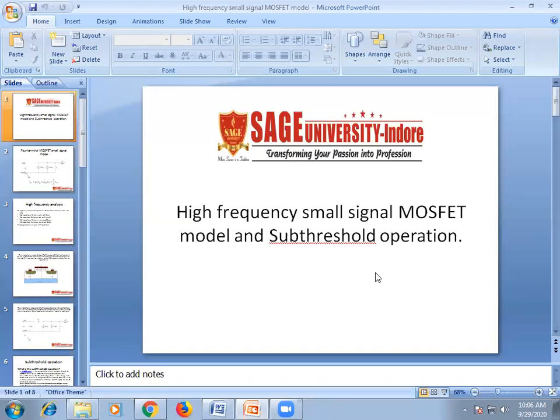Now in the saturation region, since we had not studied sub-threshold devices, we saw that the current was nearly constant, and it remains constant in the saturation region. So my device behaves like a current source.